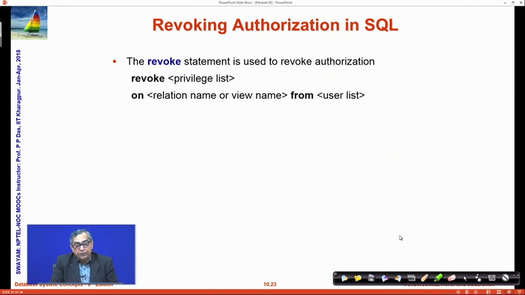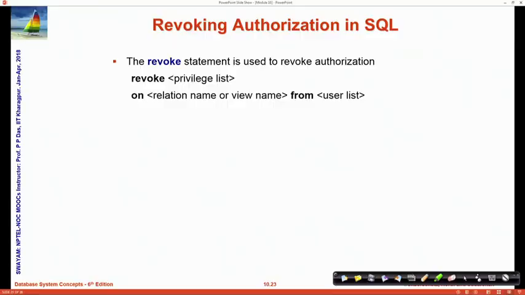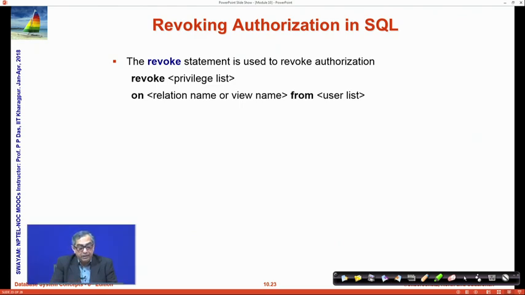Certainly, if you can grant an authorization, there needs to be a reverse process, that is, if you want to withdraw authorization of certain privileges on certain items for certain users. That is known as a revoke statement. The structure looks exactly similar to the grant. You revoke a privilege list, select, insert, on a certain relation or view from a set of users.